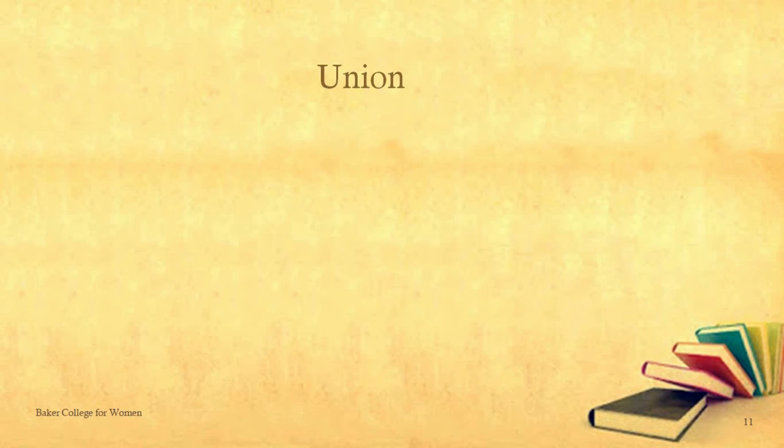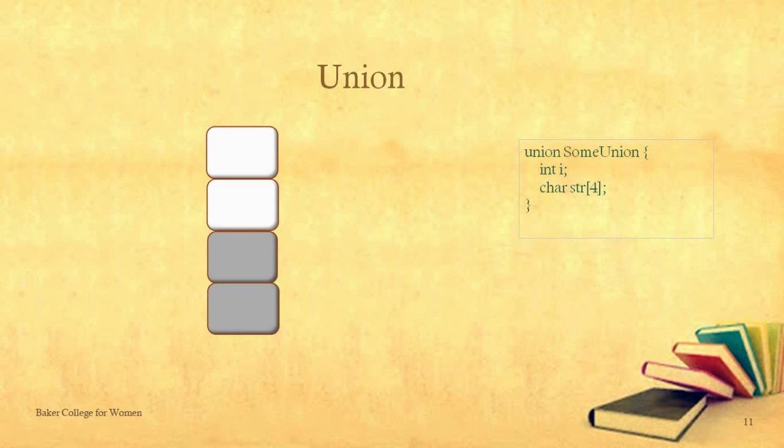Unions allow us to create variables which share common memory space. Unions are a bit like structures in that they appear to be an aggregate data type. However, the main difference is that the union members occupy overlapping memory areas.